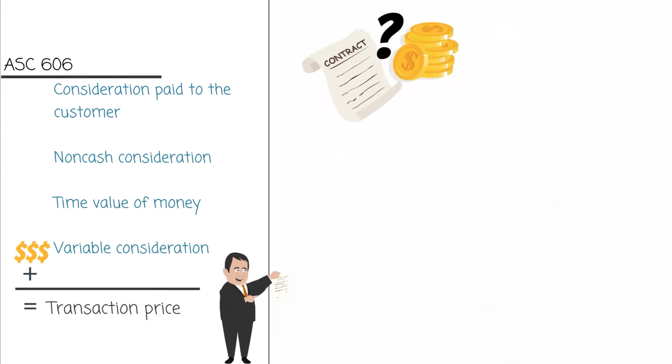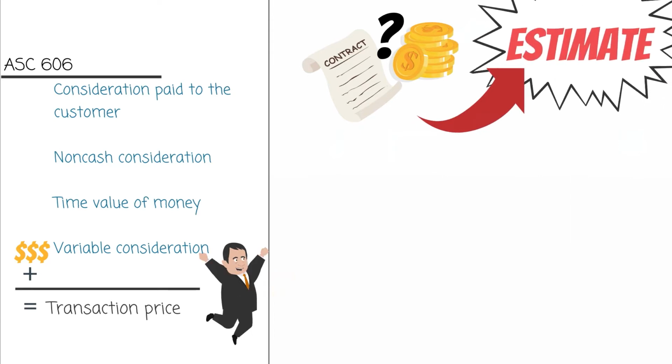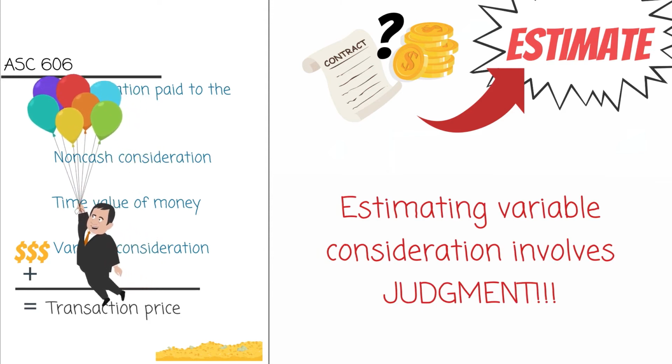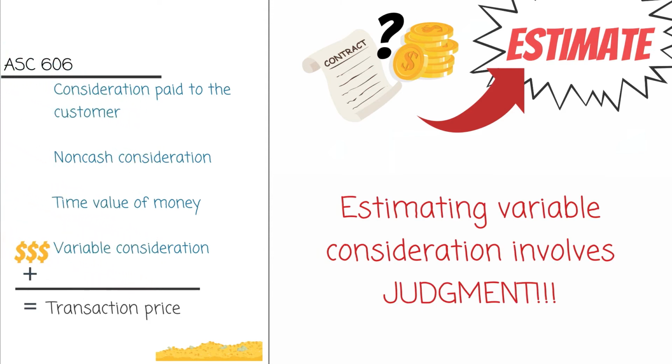If the consideration promised in a contract includes a variable amount, entities should estimate that amount and include it in the transaction price. As we've previously discussed, the inclusion of variable consideration in the contract price requires considerable judgment on the part of management. Let's take a deeper look into what might be included in variable consideration.